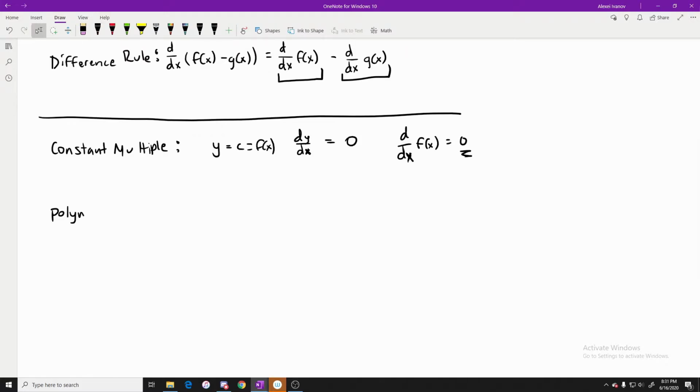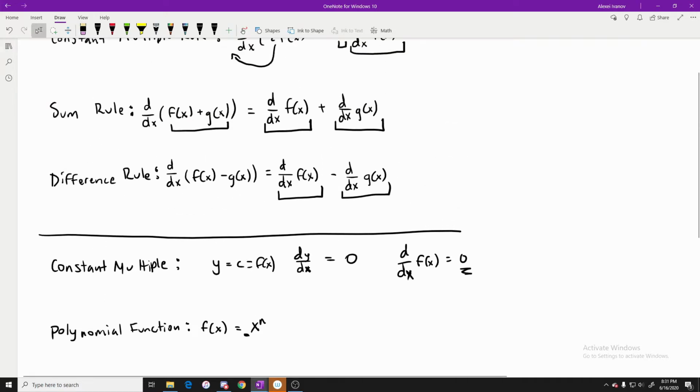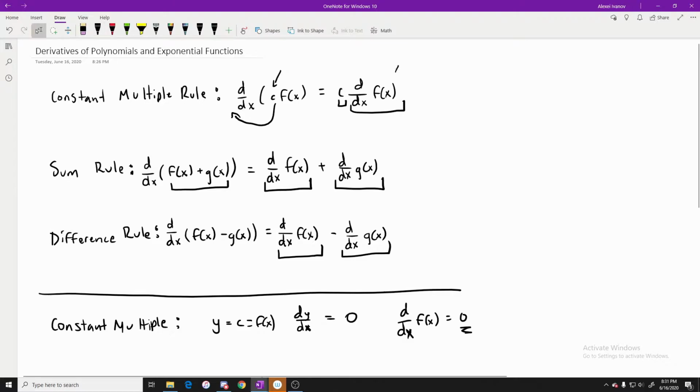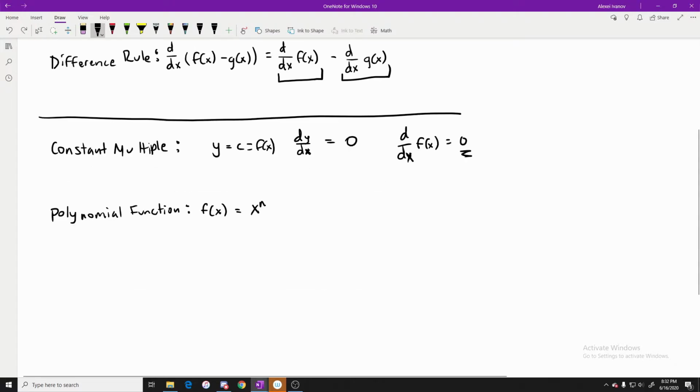So for a polynomial function, f of x is going to equal x to the n. And again, I'm not going to put a constant in front of here because we do have the constant multiple rule, which will deal with it and essentially just simplify it back to this polynomial. So here we have it, f of x is equal to x to the power of n.